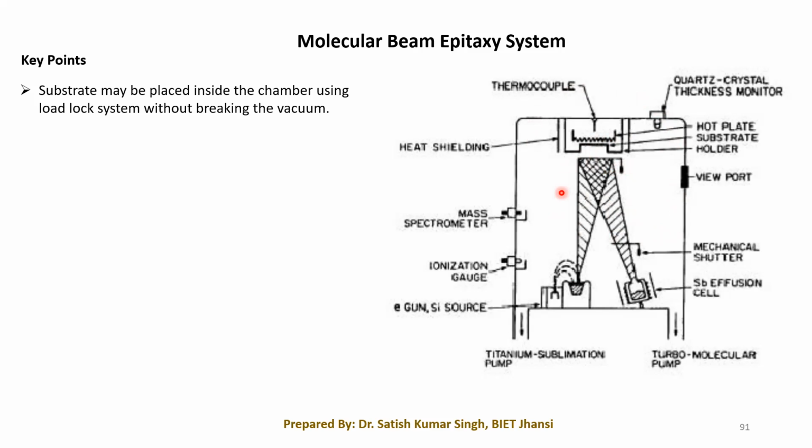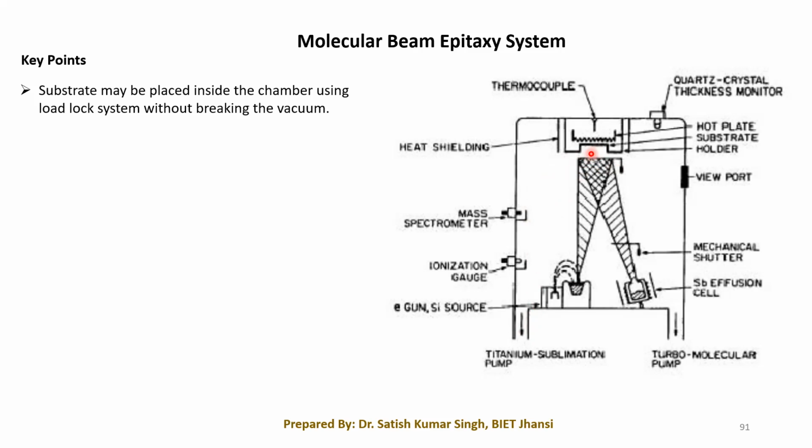Basically, first we have to evacuate and achieve the ultra high vacuum, then place the substrate using the load lock system, and then go for the cleaning of the substrate. We have to perform in situ cleaning. To perform the in situ cleaning, we can go for very high temperature baking of this substrate.